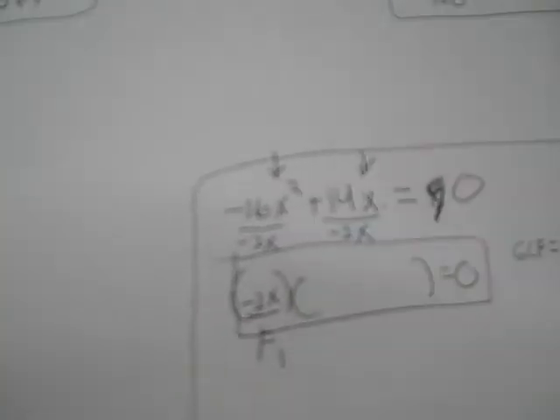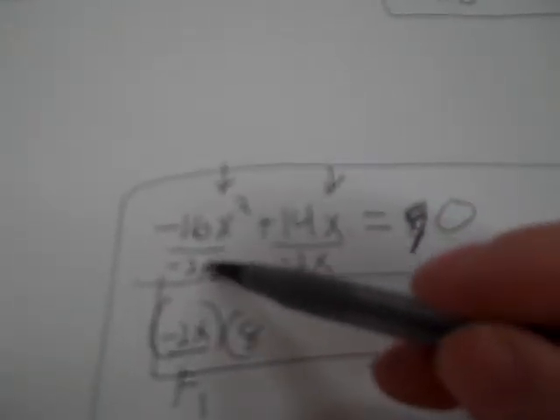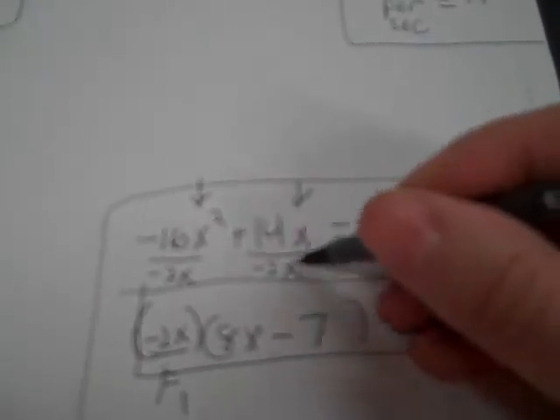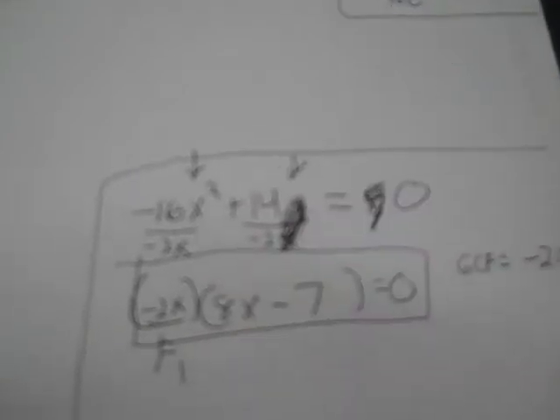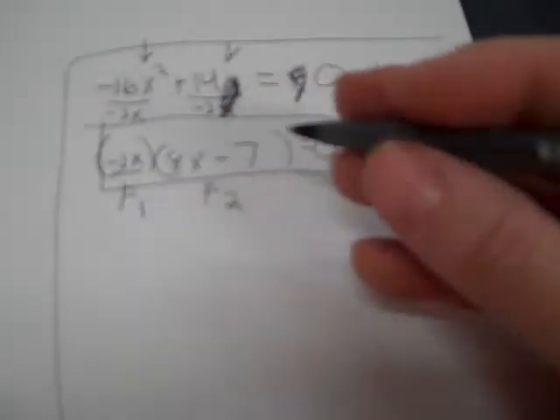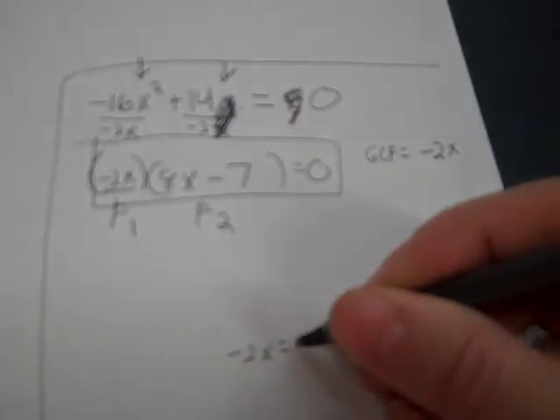So that's going to be factor number 1. Negative 16 divided by negative 2 is positive 8. X squared divided by a single x means you'll have an x left over. Positive 14 divided by negative 2 is negative 7, so minus 7. And the x's, the same kind of x's divided, just cancel. And that is factor number 2. So factor 1, negative 2x could equal 0.